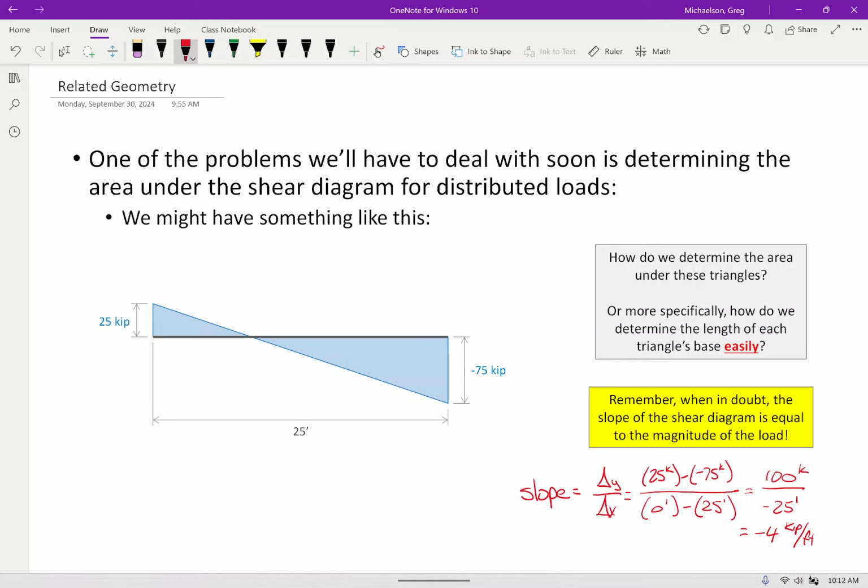I propose that if slope is the change in y over the change in x, then the change in x is just going to be the change in y over the slope. Actually, let's do it like this.